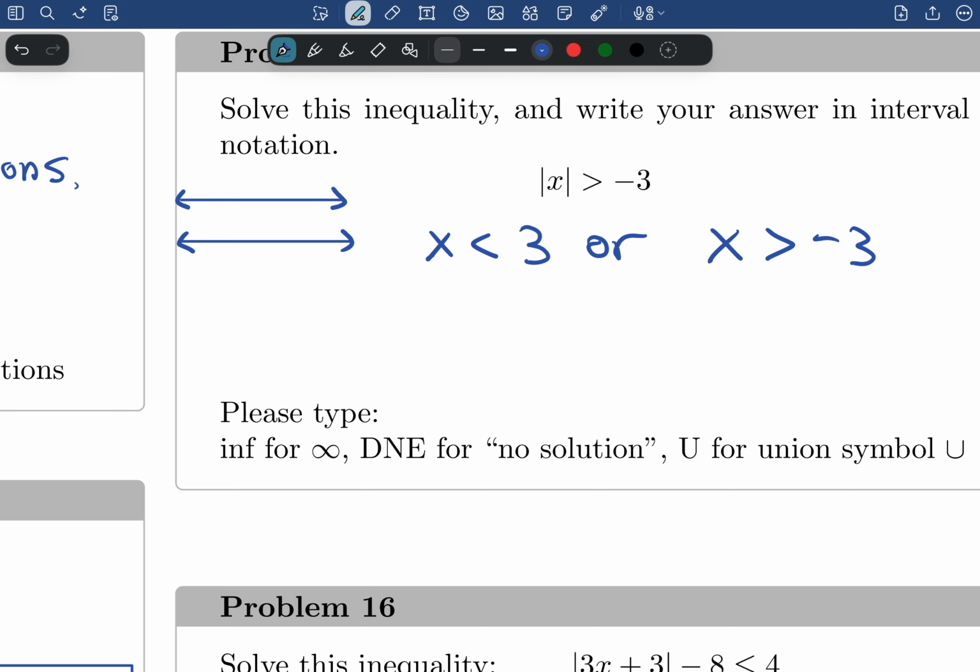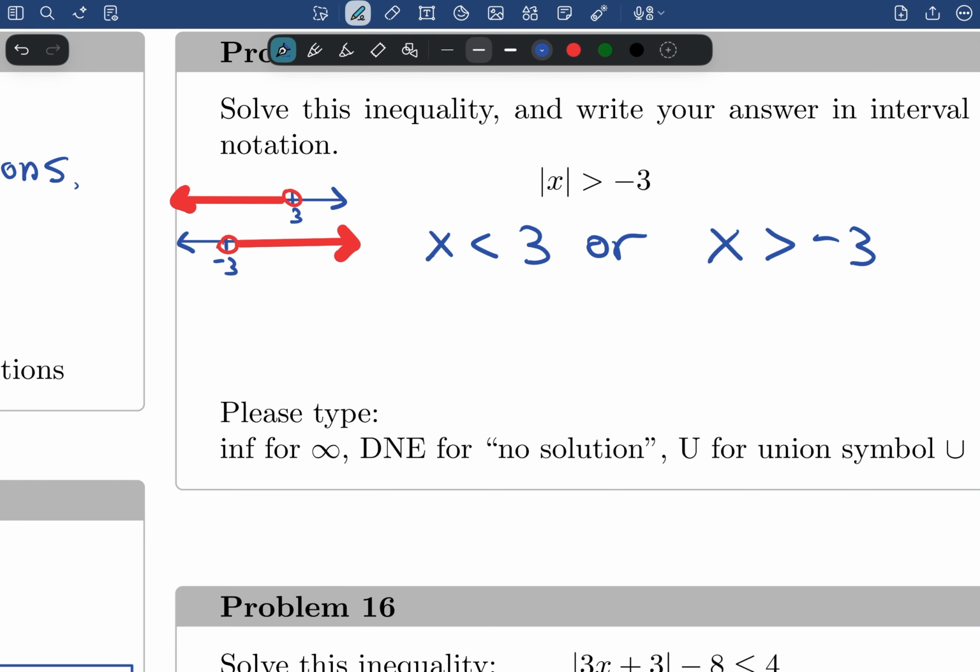If I'm graphing x is less than 3, I put 3 on the right. If I'm graphing x is greater than negative 3, I put negative 3 on the left. Now, I put open dots for both cases. And if x is less than 3, I'm shading all the stuff this way. And if x is greater than negative 3, I'm shading all the stuff this way. Great.